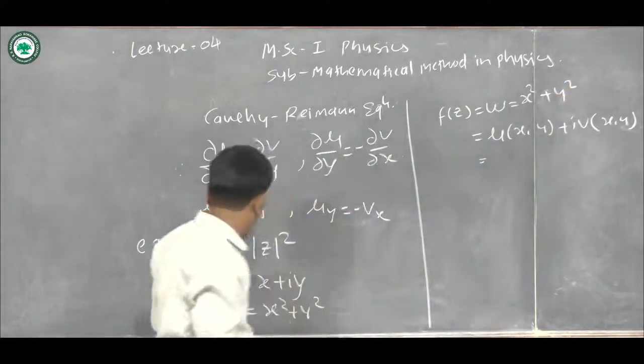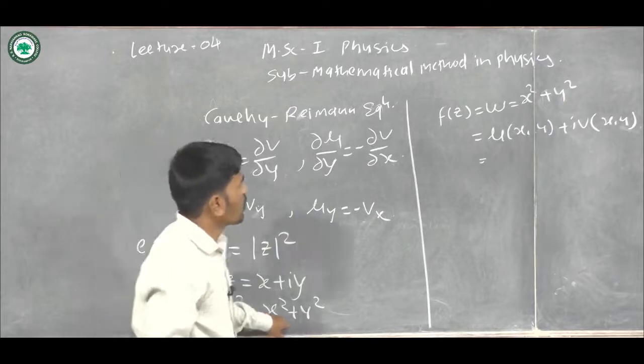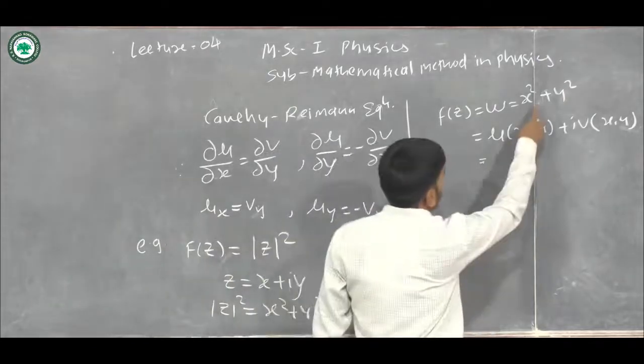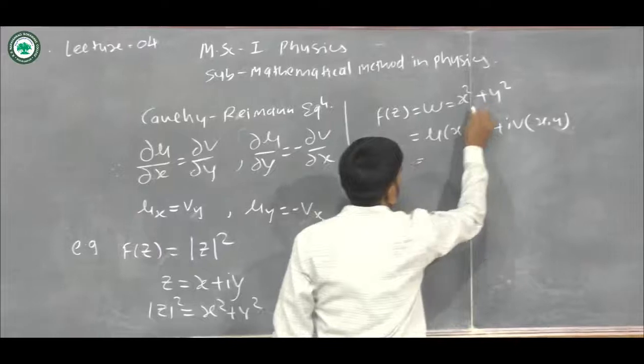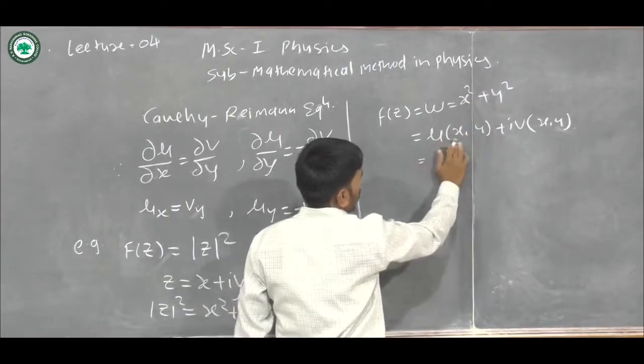From this, mod z squared is equal to x squared plus y squared. So this is a real function.